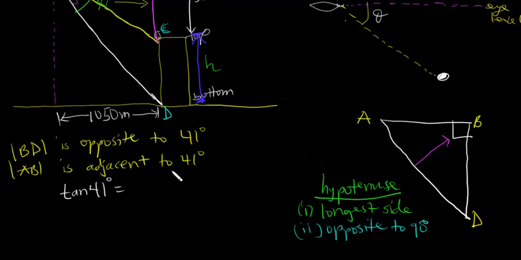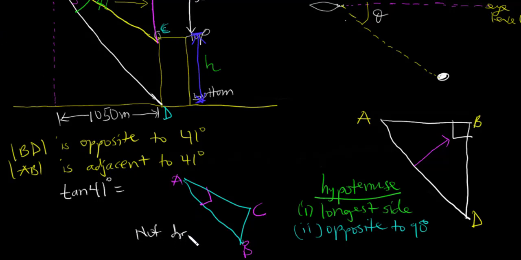So even when in a question they draw a right angle triangle, something like this, with 90 degrees here, and here is A, B, C, with the hypotenuse, don't be confused, because normally you see something like not drawn to scale.